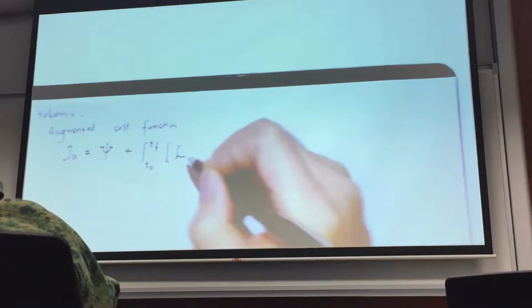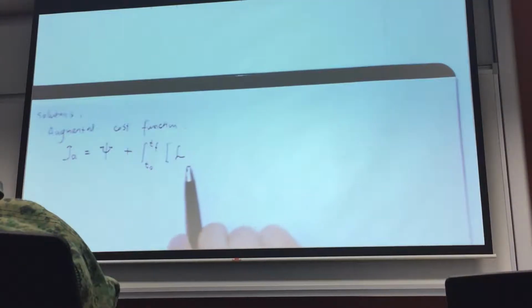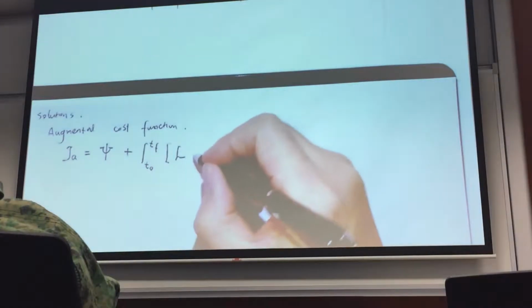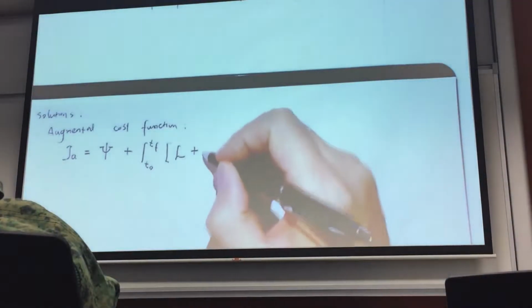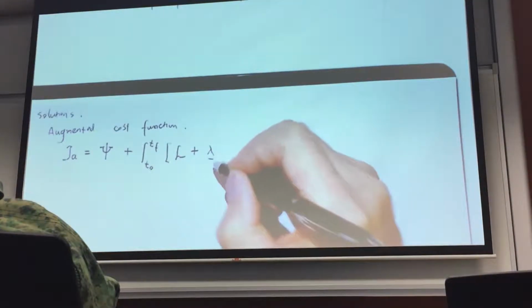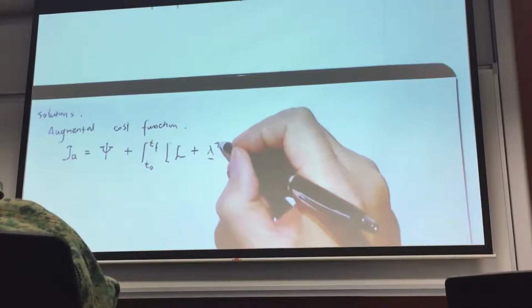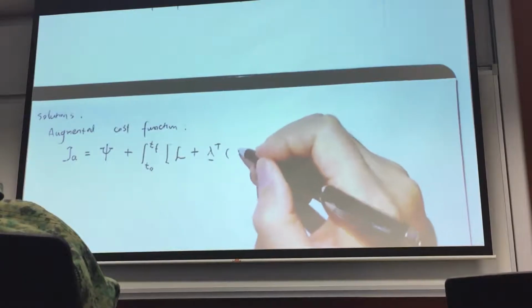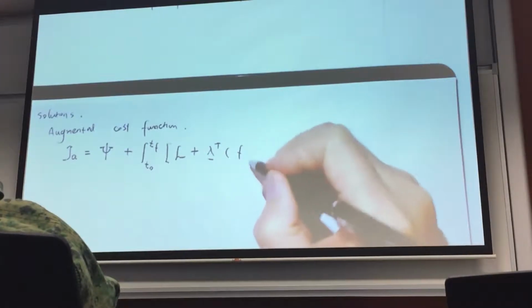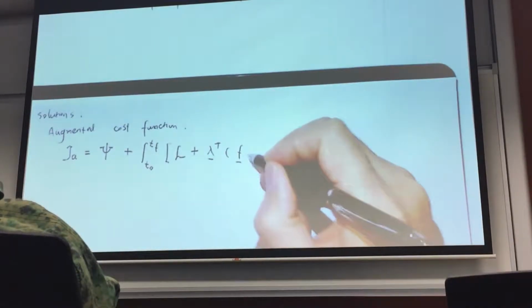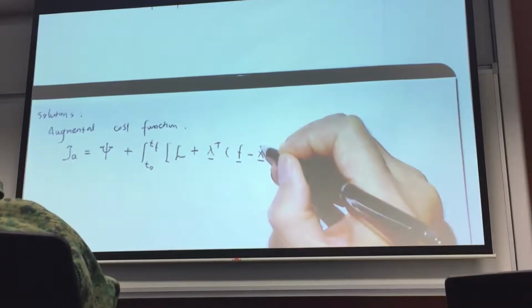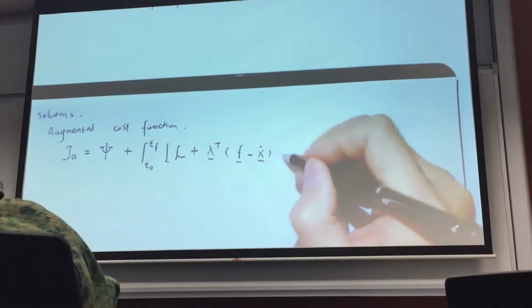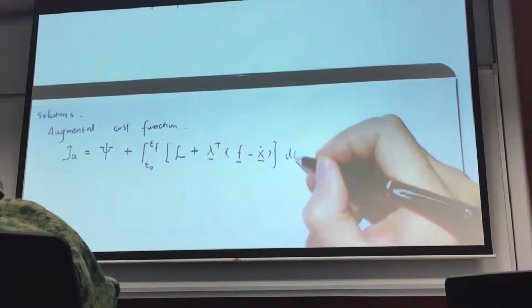Here we have this L. We augment the cost function by using the Lagrange multiplier, this lambda, and f, where f is defined by f minus x dot, dt.